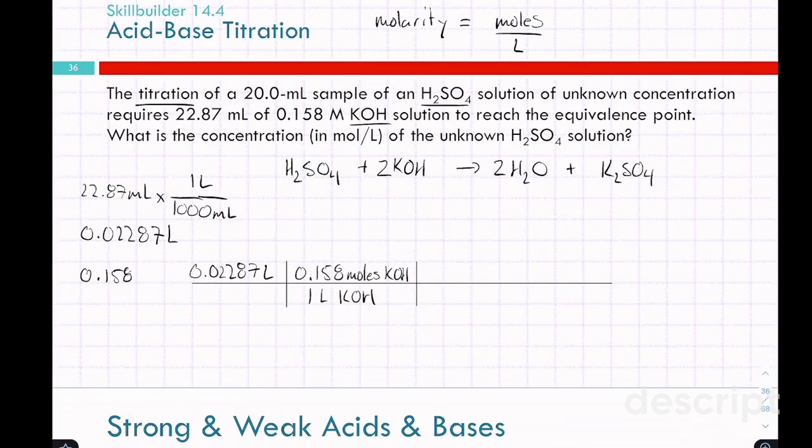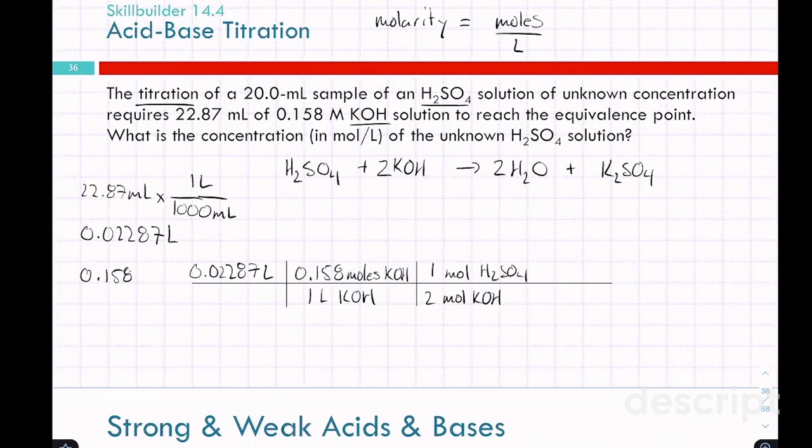We're trying to find the number of moles of sulfuric acid, because we have the volume of the sulfuric acid solution. So you would put 2 moles of KOH on the bottom and 1 mole of H2SO4 on top. Yep, so it's a 2 to 1 ratio.